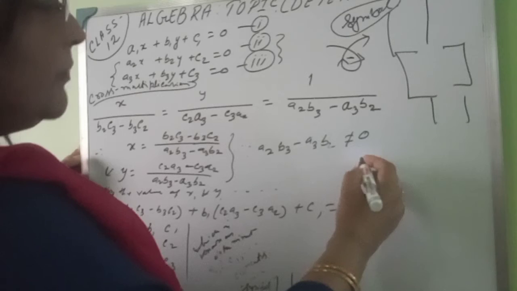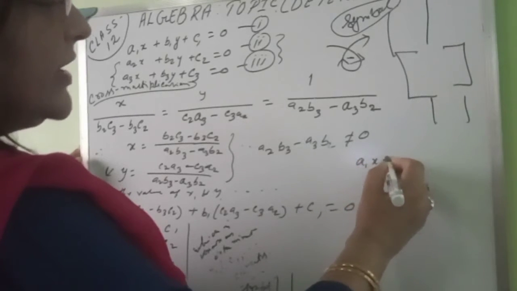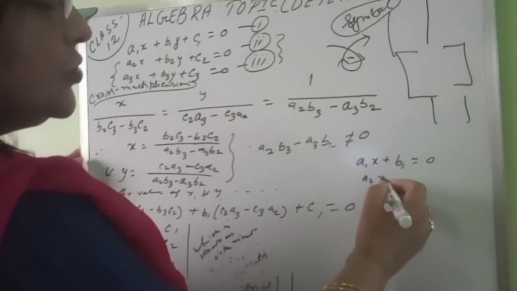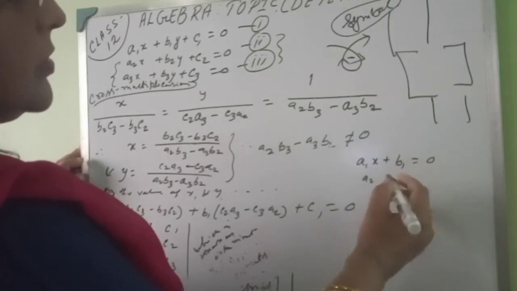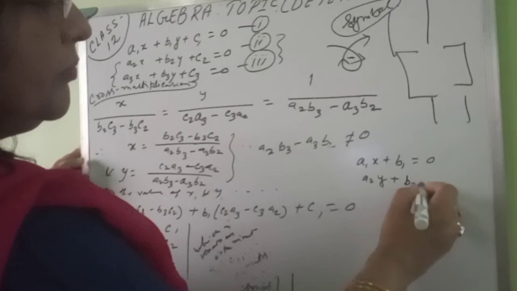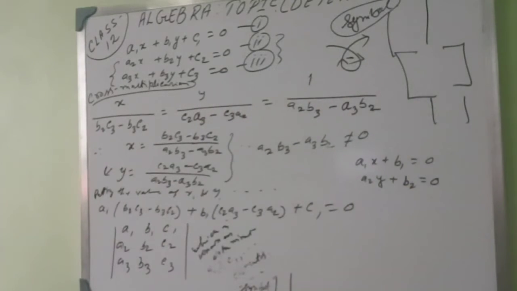It can be solved for second order also. Second order means only a1x plus b1 equals 0, and a2x plus b2 equals 0. These are the two equations.